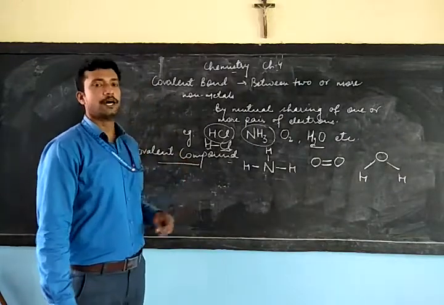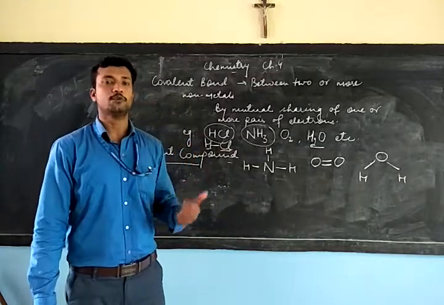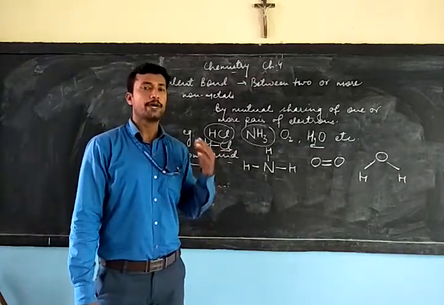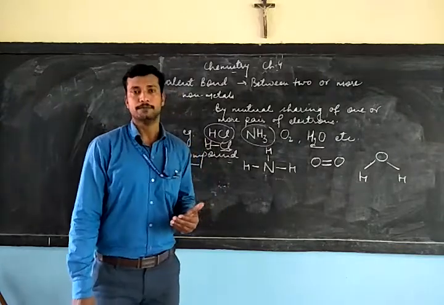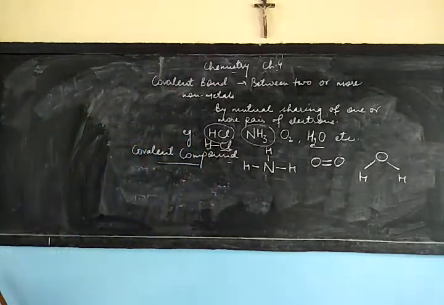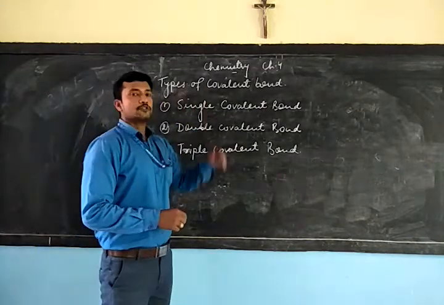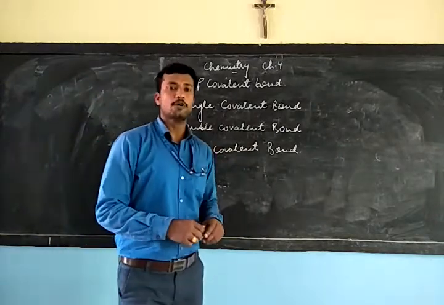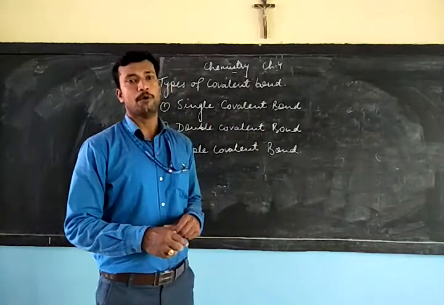Let us now see how this covalent compound or covalent bond is formed between the two combining atoms. So we are going to see with the help of electron dot structure. But before coming to the electron dot structure, we are going to see the types of covalent bond.